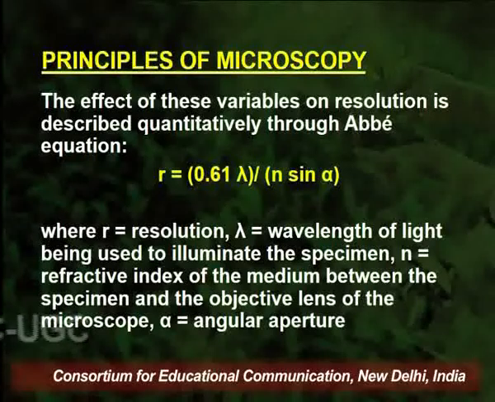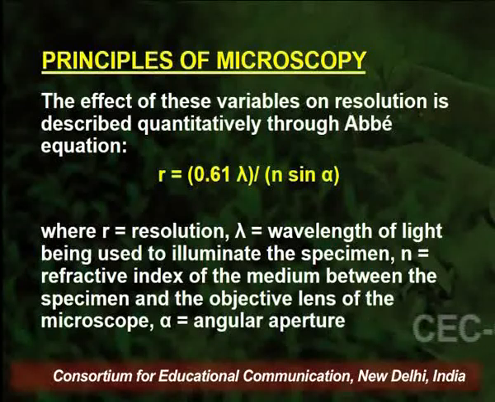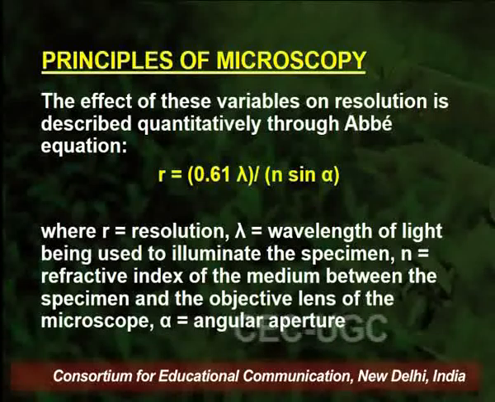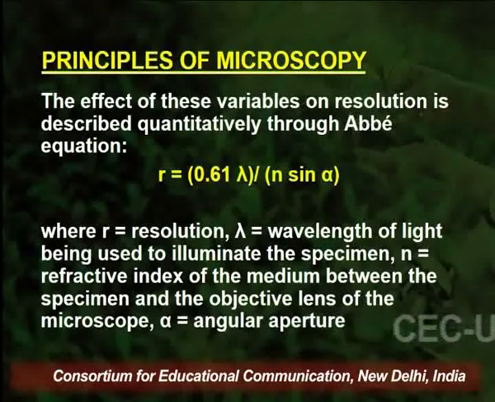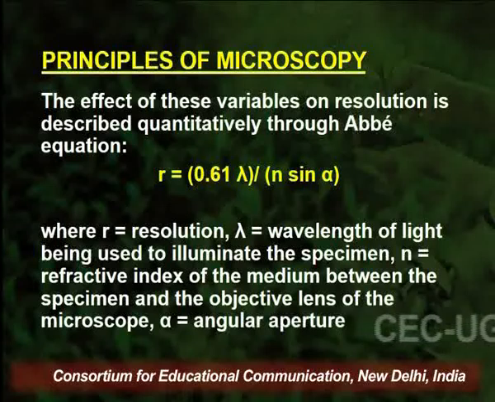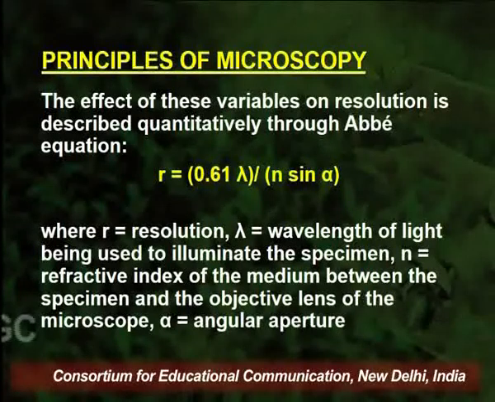is equal to 0.61 lambda upon n sin alpha. In this entire equation, R is representing resolution, lambda is representing wavelength of light which is being used to illuminate the specimen. n is the refractive index of the medium between the specimen and objective lens of the microscope, and alpha is the angular aperture.